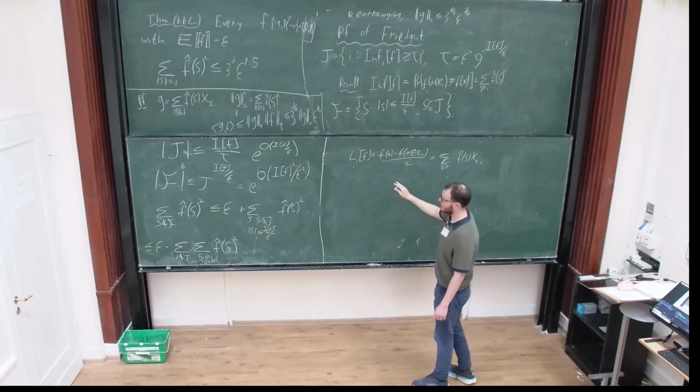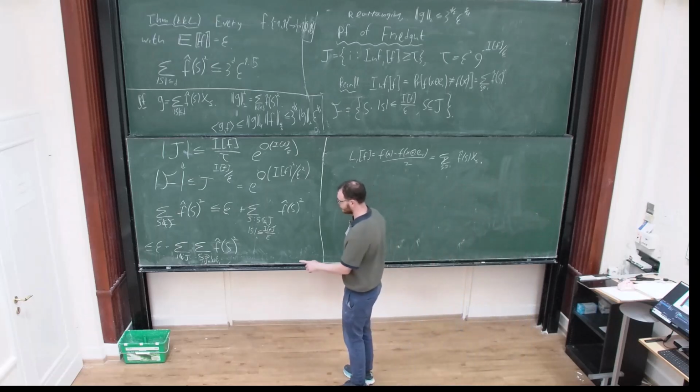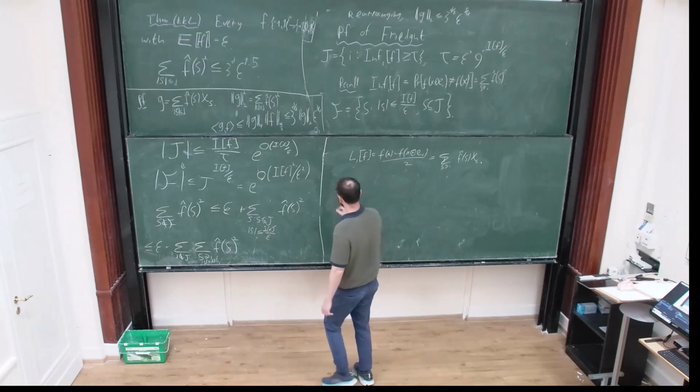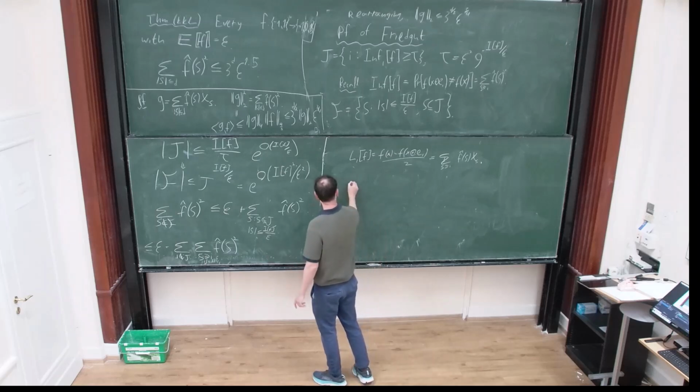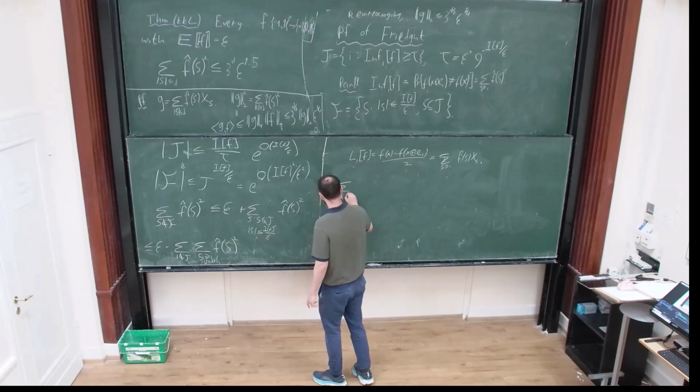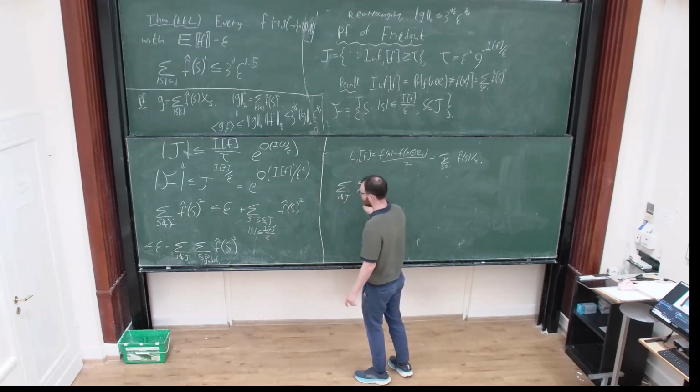Okay, so here we have the sum over i not in J, sum over S containing i and S small of f hat at S squared.